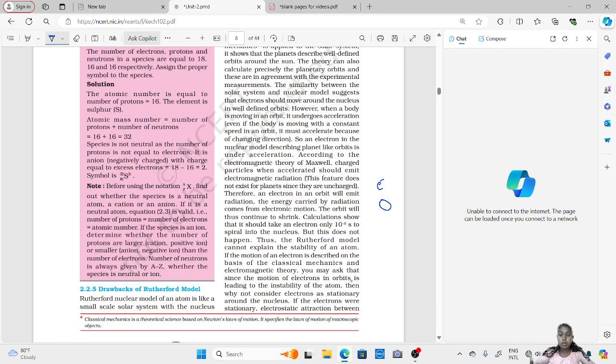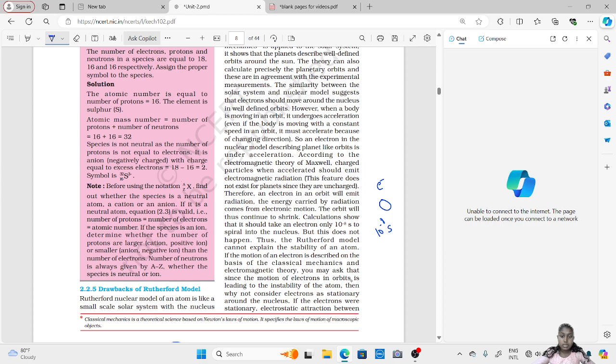Calculation shows that it should take an electron only 10^-8 seconds to spiral into the nucleus. So if electrons start moving in an orbit and start emitting radiation, within 10^-8 seconds they will merge with the nucleus.